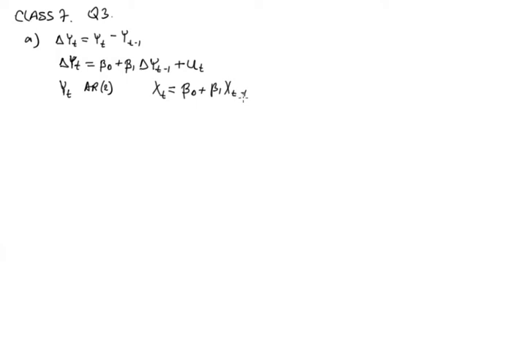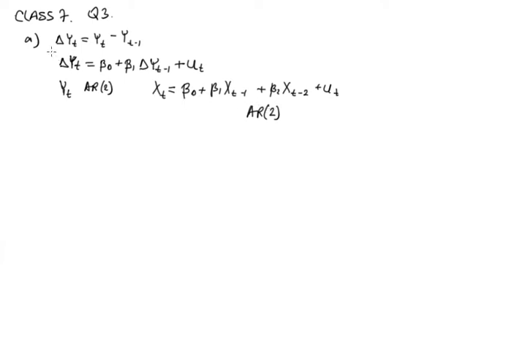If I just put ut here, it will be AR1, but if I add the second lag, t minus 2, and then the error, then this is an AR2 model, because xt, the current period realization, depends on the last two lags of xt itself.